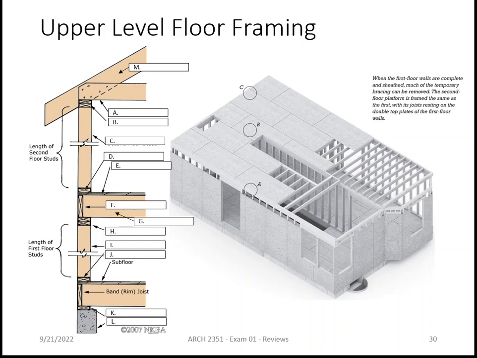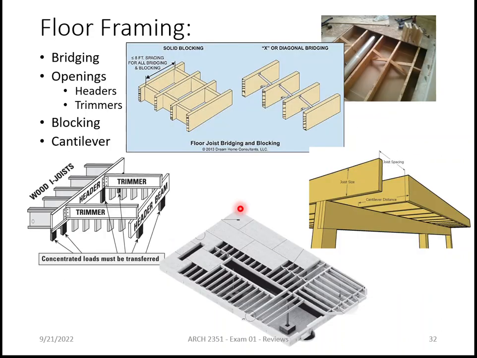Floor framing. What is bridging? It's pieces of wood or metal put between joists, okay? Usually in an X form, okay? You can see two different conditions, one right here, one right up here, where they're using metal in between, and here where they've put wood in there instead.